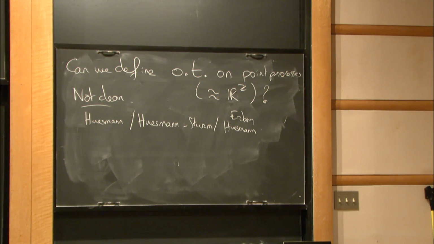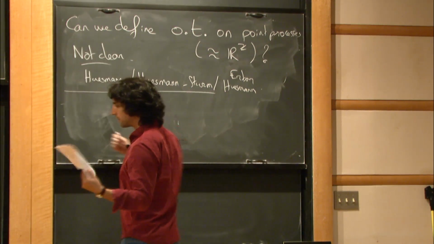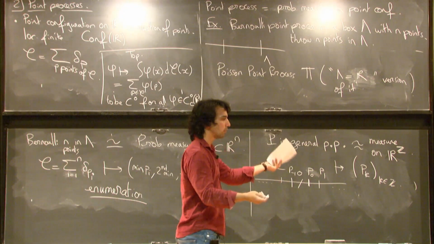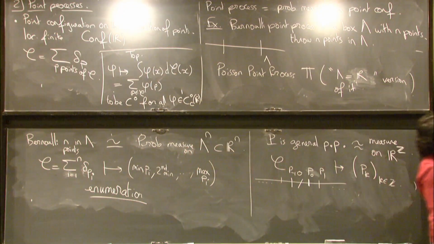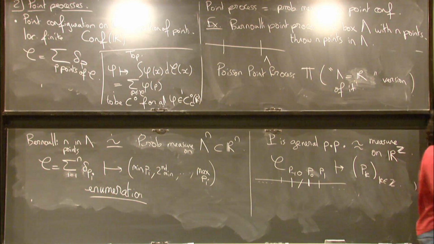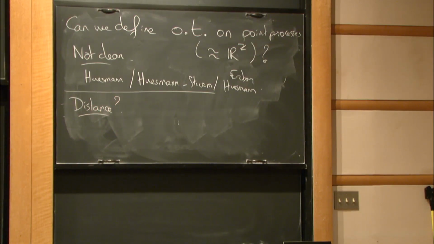Let's just think of what we would need to get a good theory. First, if you want to do optimal transportation, it's optimal with respect to some distance. And it's not obvious which distance is the interesting one.